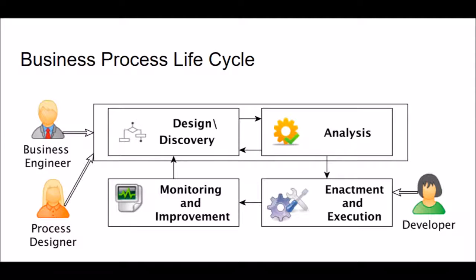When satisfied with the designed business process model, usually the system developers proceed with the enactment and execution of the actual process. The process can then be monitored and in the future require improvements, changes, or repairs, which will lead back to the design phase.